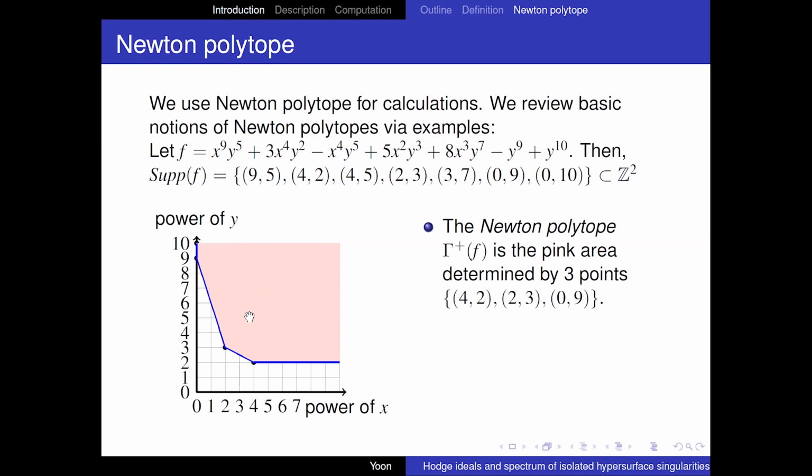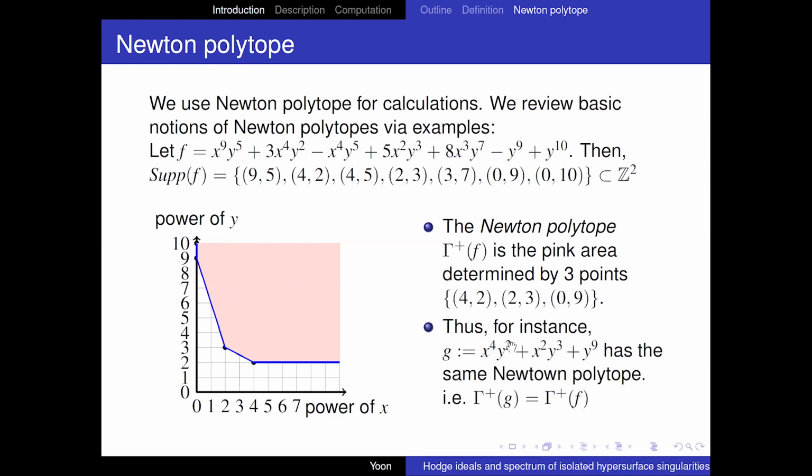That is called the Newton polytope, denoted by gamma plus of f. That's the pink area. Actually, this area is determined by only 3 points, right? 4,2, 2,3, 0,9.